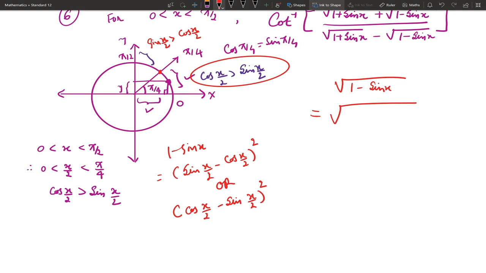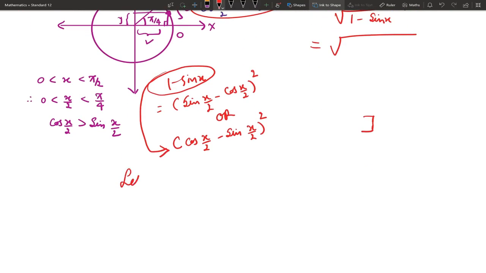But between 0 to pi by 4, cos x by 2 is greater than sin x by 2. So for 1 minus sin x, we will use (cos x by 2 minus sin x by 2) whole square. This important argument we use to simplify y.